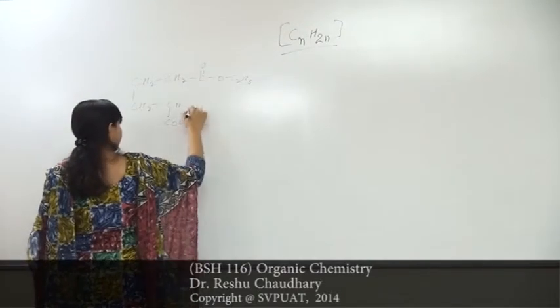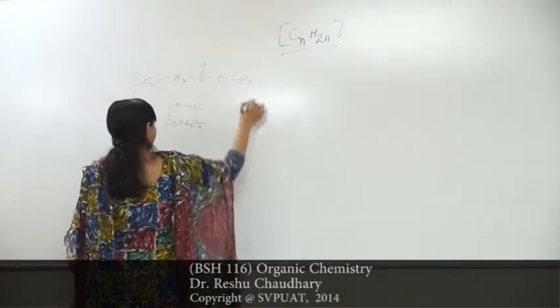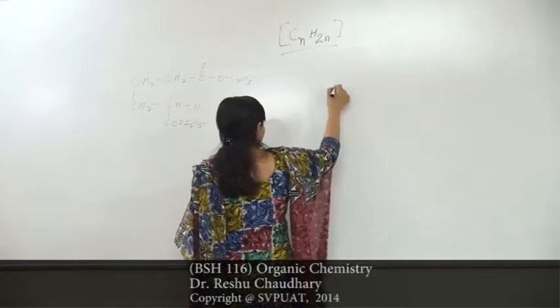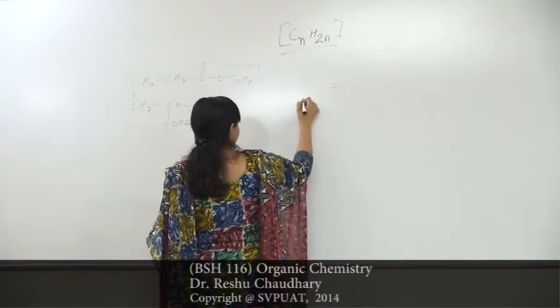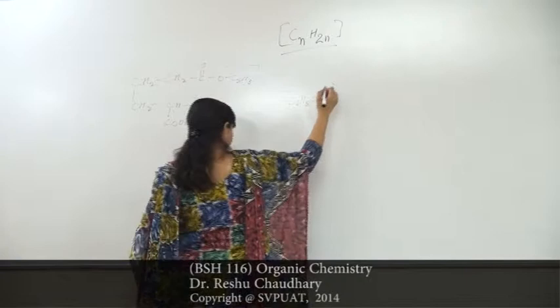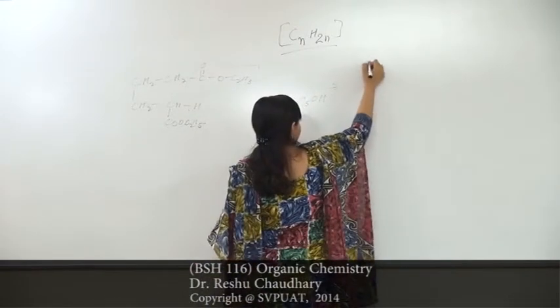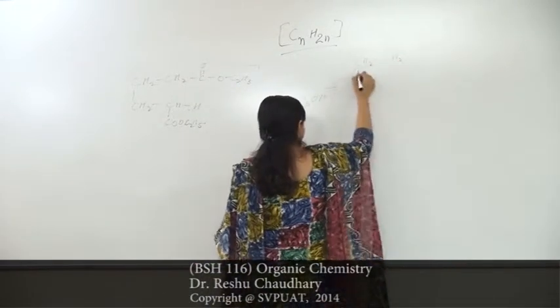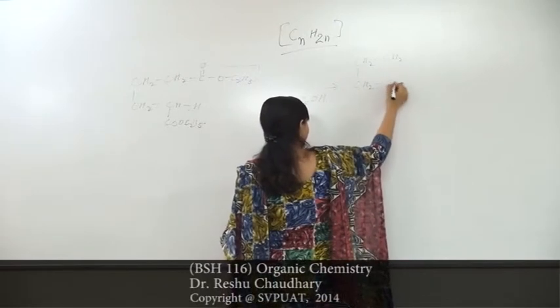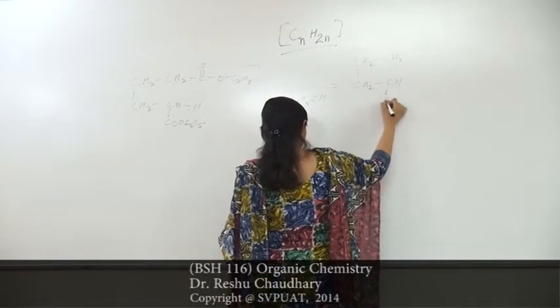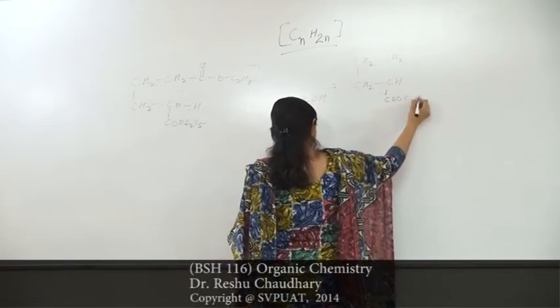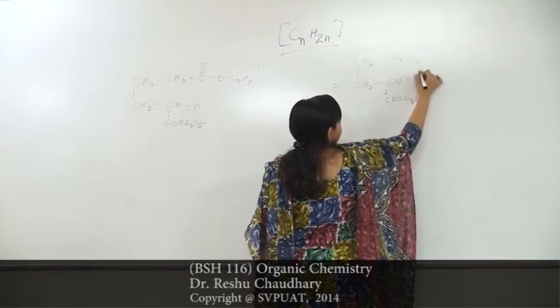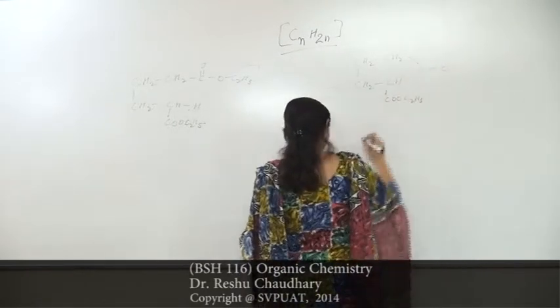Now this will come out, it is C2H5OH, and then forms the cyclic keto ester, with CH, CO, OC2H5, C double bond O.